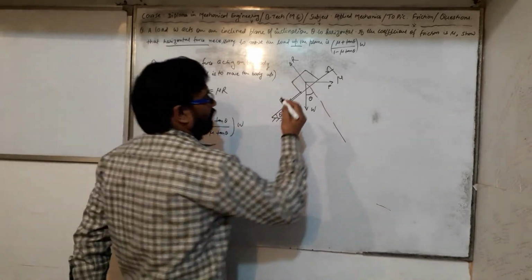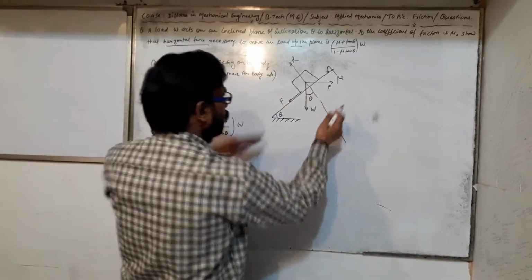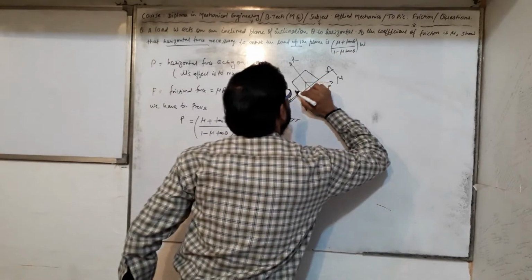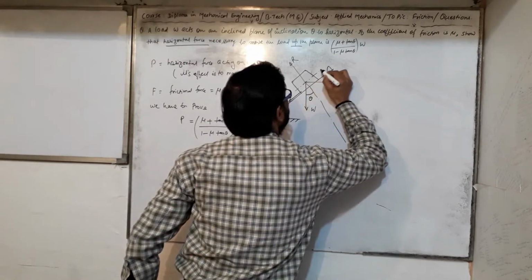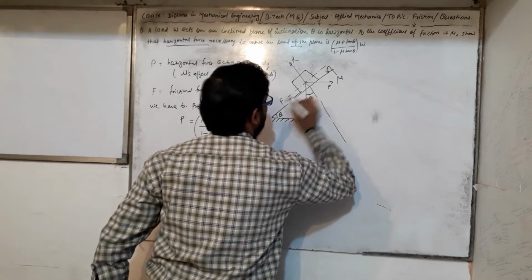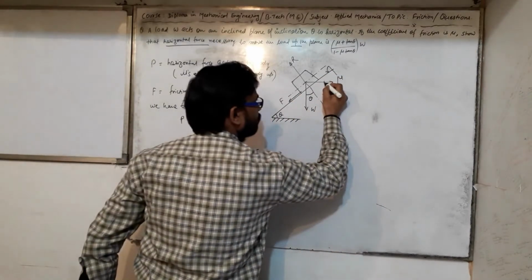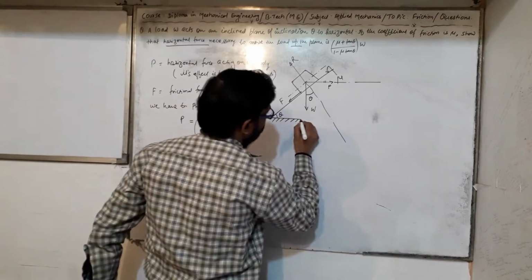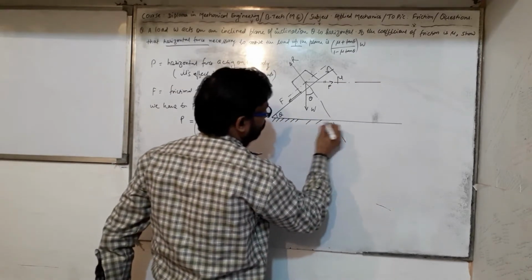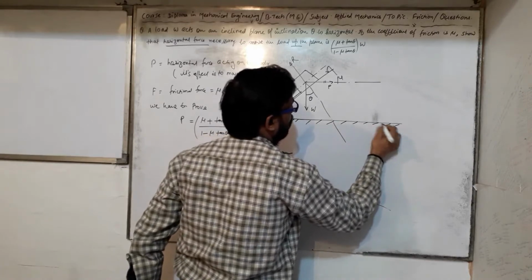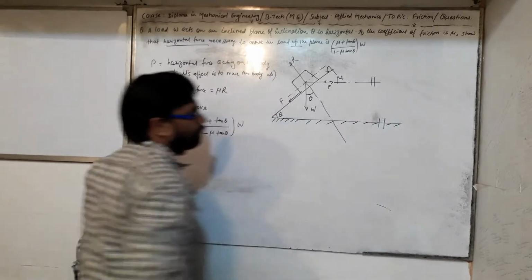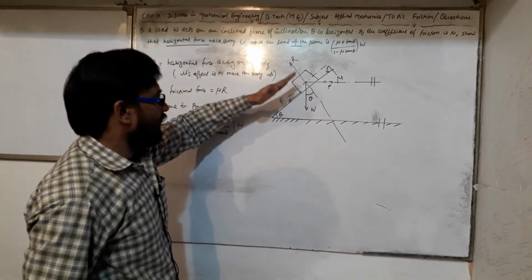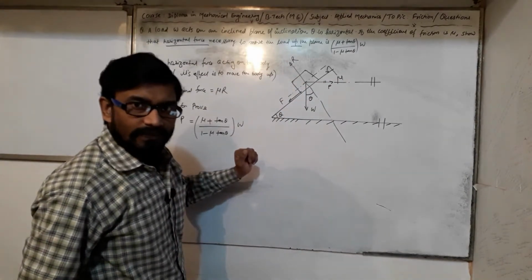See, if the horizontal force P is acting, then I draw this line of action of the force, and the horizontal line. Both are parallel, so the inclined plane would act as a transversal.